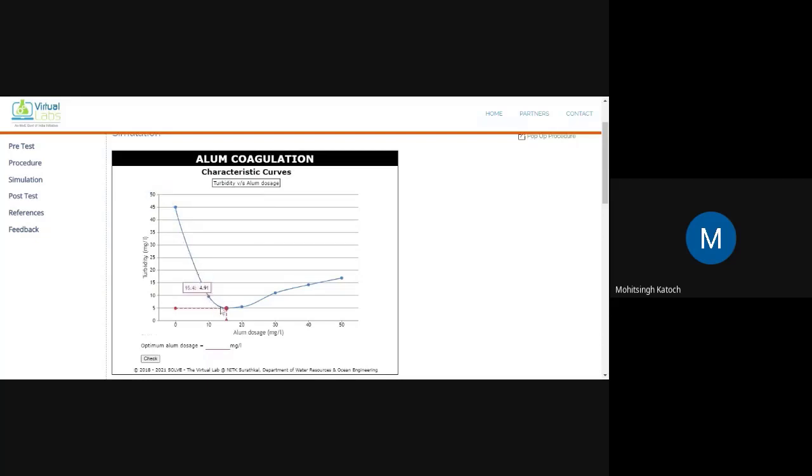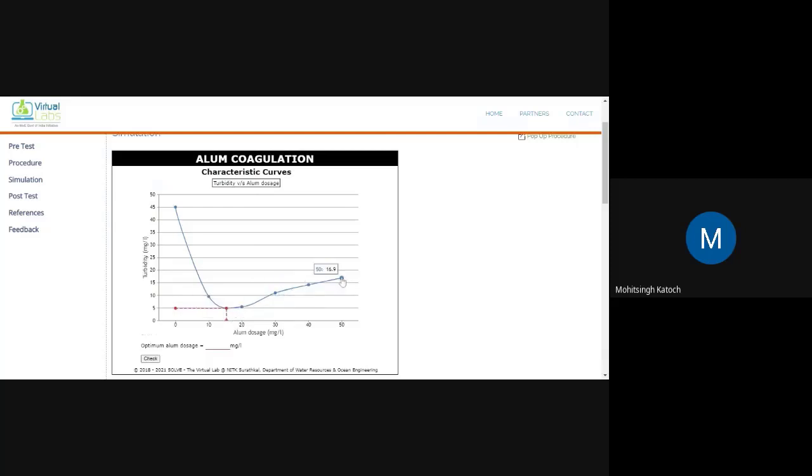And here we can see at this point when the alum dosage is 15.4 mg per liter, the turbidity level is the lowest, that is 4.91. After this, if the dosage of alum is increased, the turbidity is increasing.